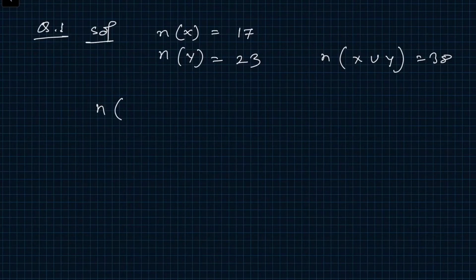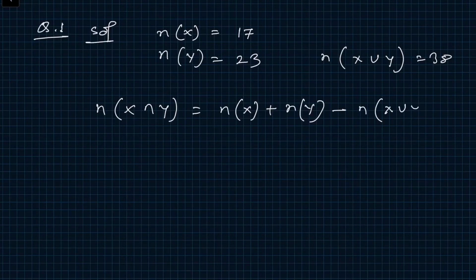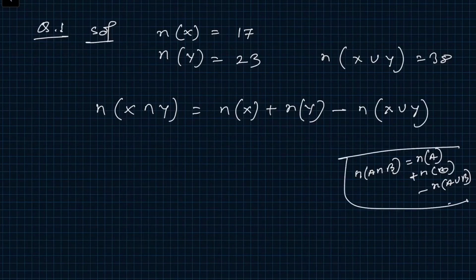So let's find number of elements in X intersection Y. This must be equal to number of elements in X plus number of elements in Y minus number of elements in X union Y. We have used the identity that I have already shown you, that number of elements in A intersection B is given by number of elements in set A plus number of elements in set B minus number of elements in A union B. It is just written in terms of X and Y instead of A and B.